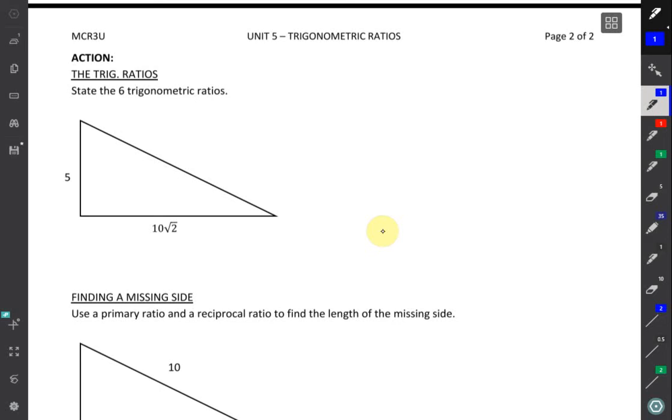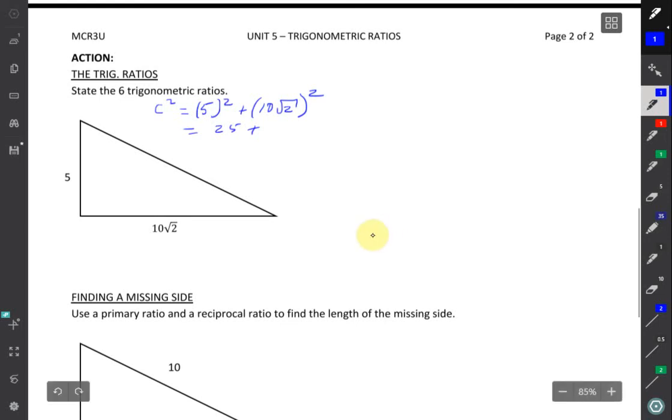C is the hypotenuse, so C squared is equal to A squared, or one of the sides squared, plus the other side squared. And that gives us 25 plus, if we square that on our calculator, or you can do it in your head, it would be 100 times squaring this root, which basically gives us 2.